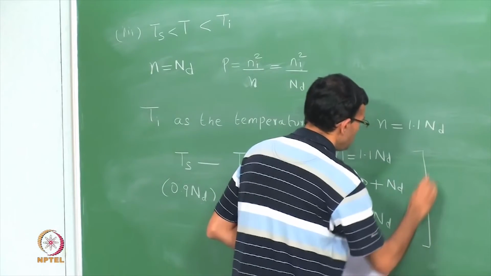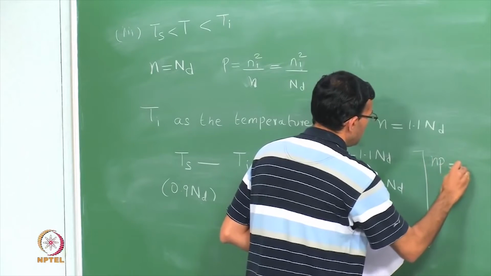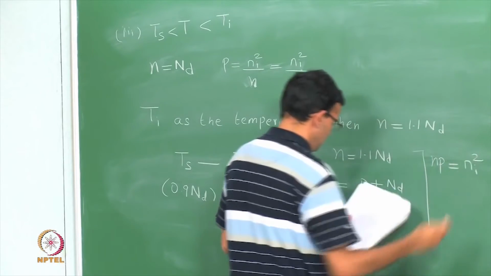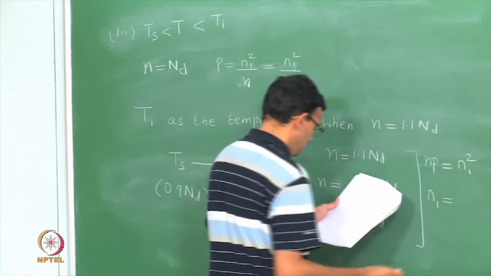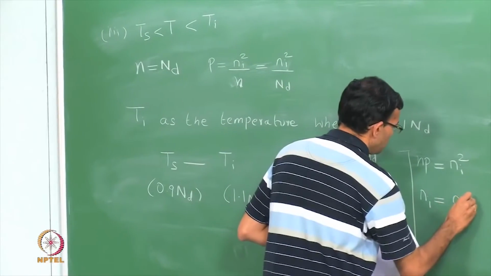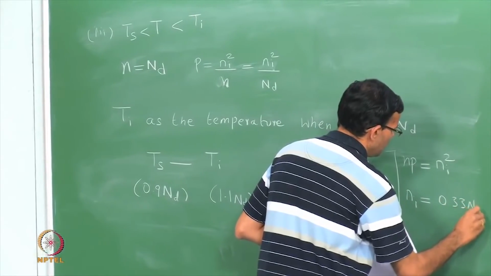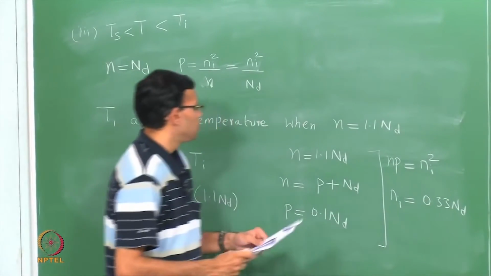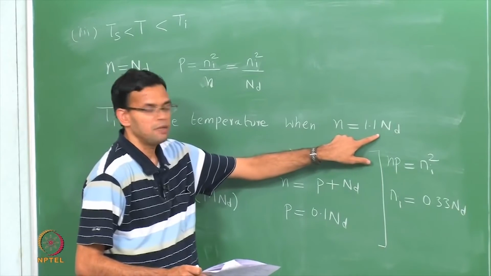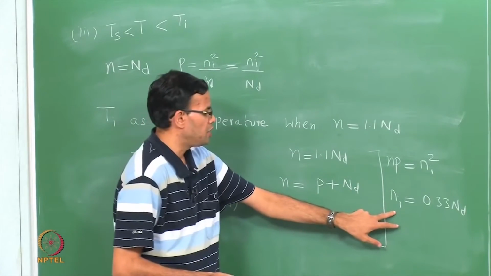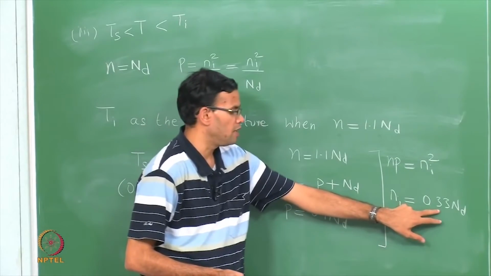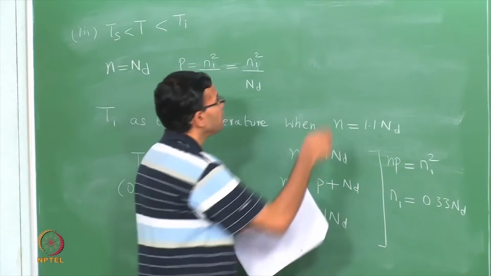We also know that Np is Ni square, and then doing the math we get Ni to be 0.33 Nd. So, N is 10% more than your donor concentration, and at that temperature Ni is approximately 0.33 Nd.